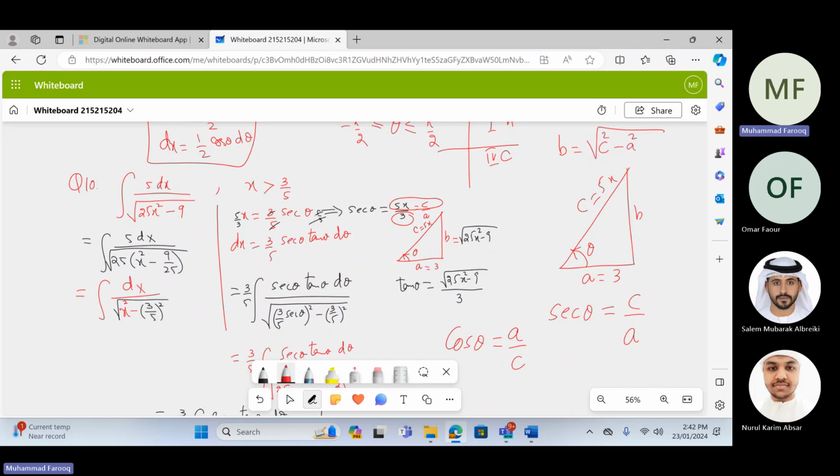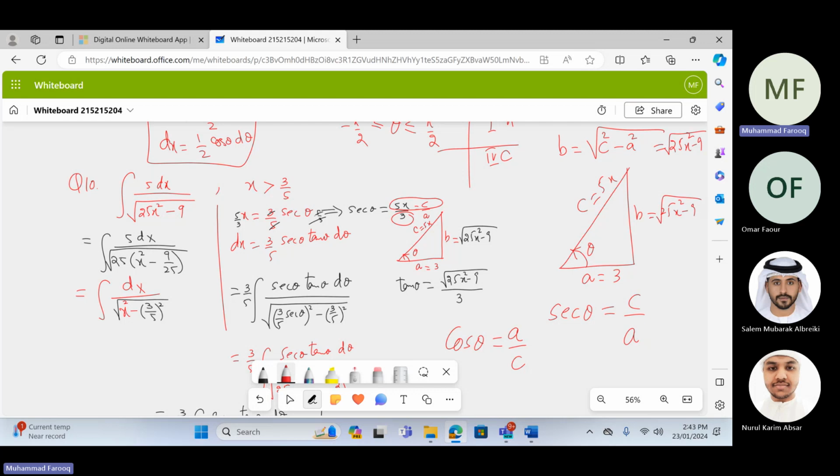First find the B value. C is 5x, so C squared is 25x squared, minus A squared, which is 3 squared, 9. So I got B as the square root of 25x squared minus 9.